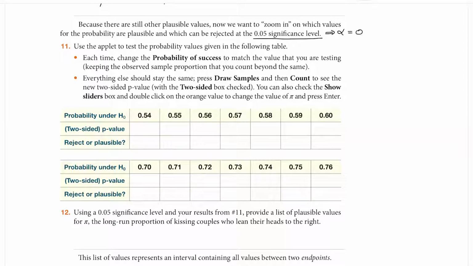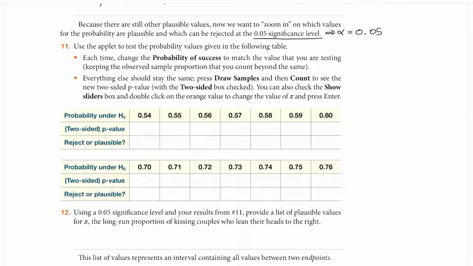So now we want to zoom in on which values for pi are plausible and which can be rejected at the 0.05 significance level, which again, based on what we did in section 2.3, means that alpha is equal to 0.05. So now we're going to use the applet and test a bunch of these null hypothesis probabilities.